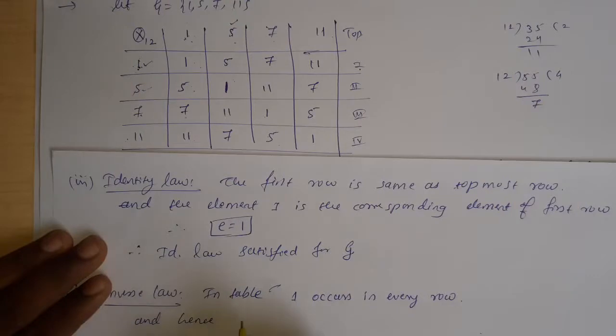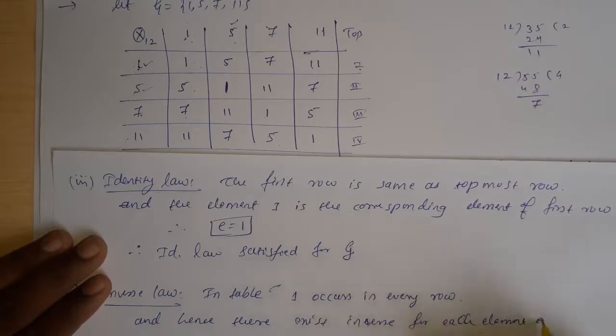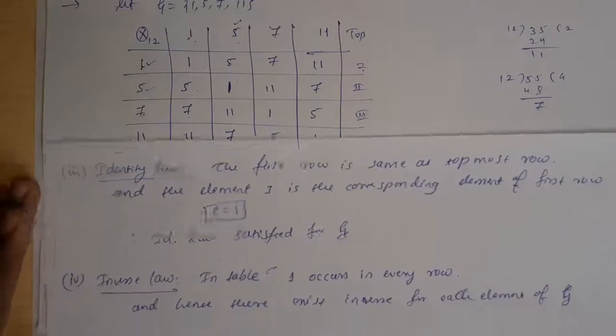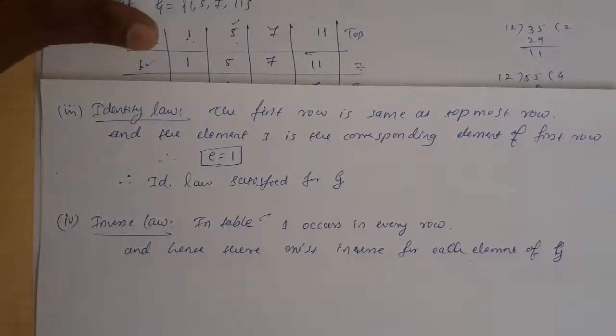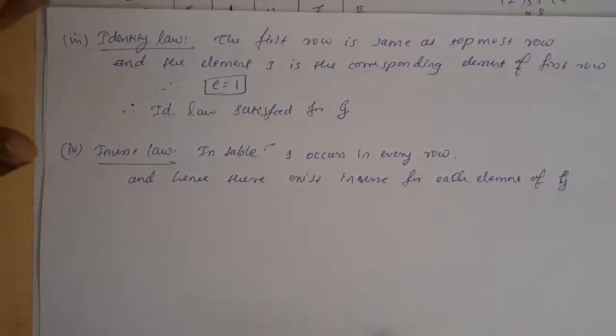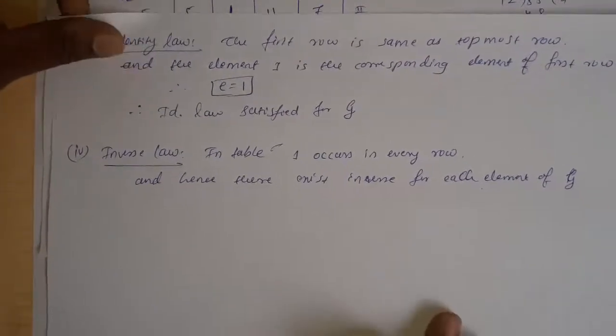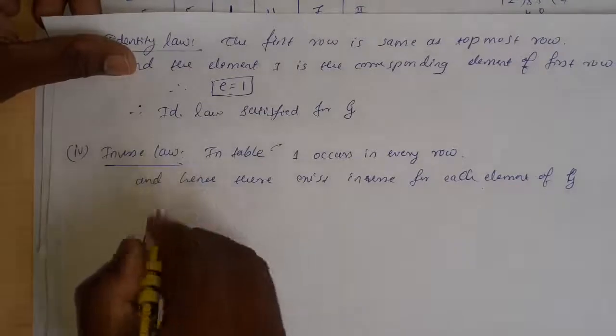Hence there exists an inverse for each element of G. Therefore, there exists an inverse for each element in G. Already we have found the inverses of the elements.